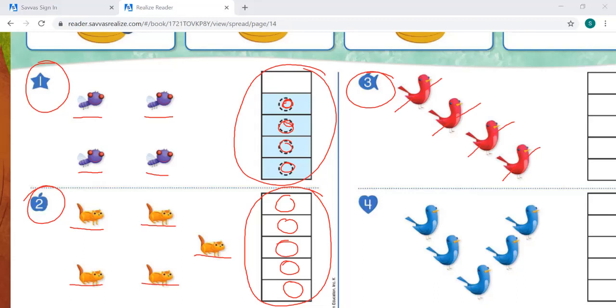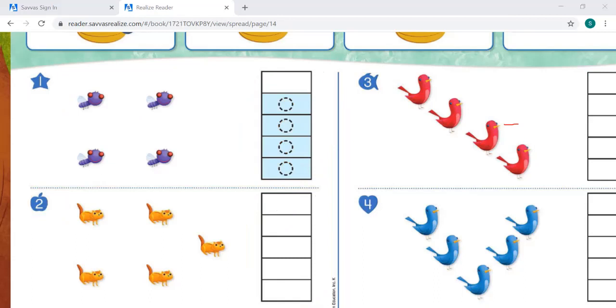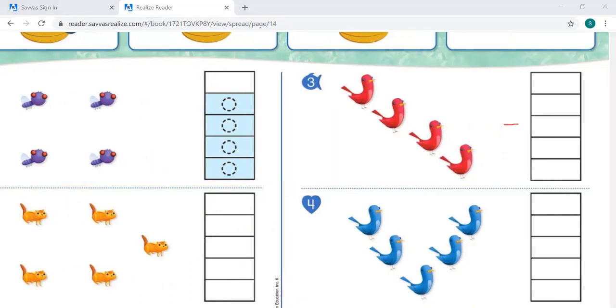So how many counters are we going to draw in our rectangles over here? I'm going to scoot it over here like so, so we can see our rectangles. Okay. So we had 1, 2, 3, 4.